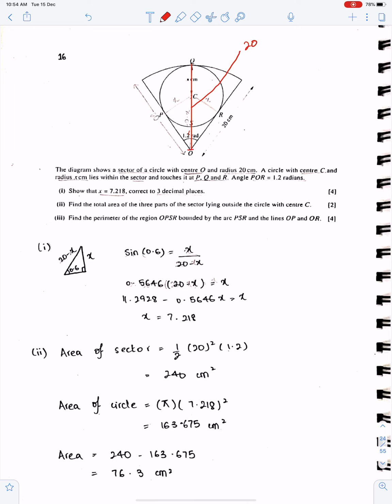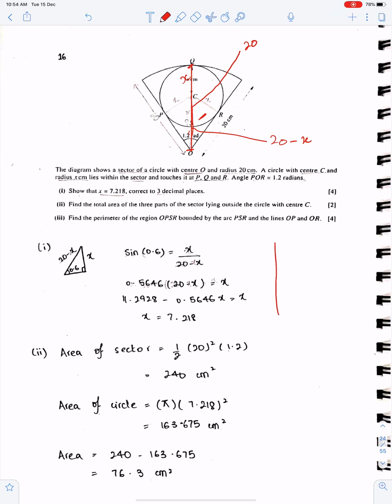Because radius means center to arc distance. Since this length is x, this OC will be 20 minus x.